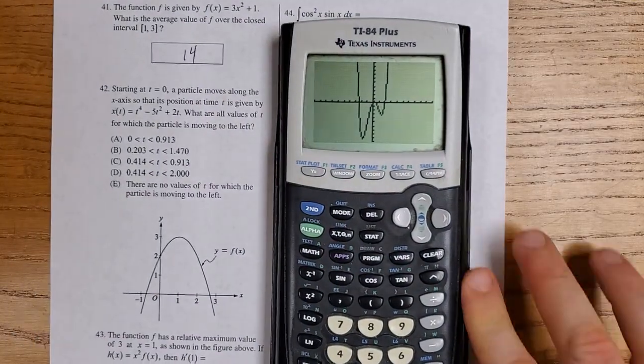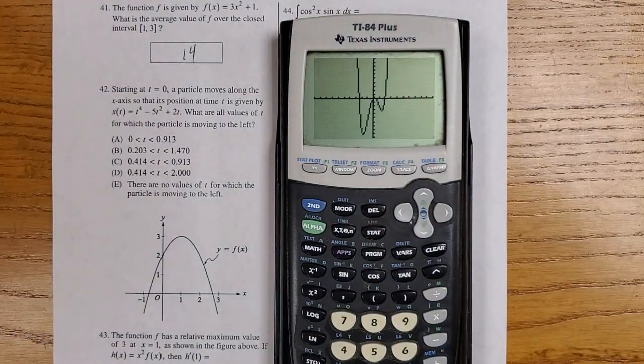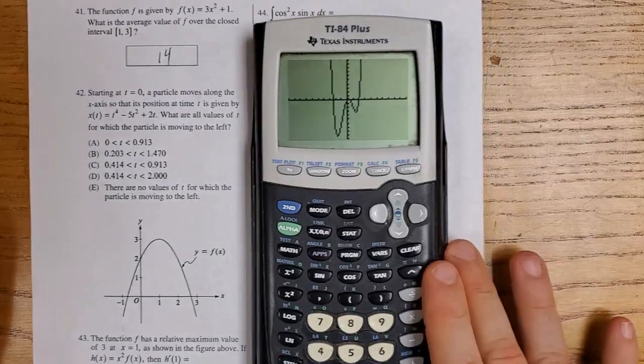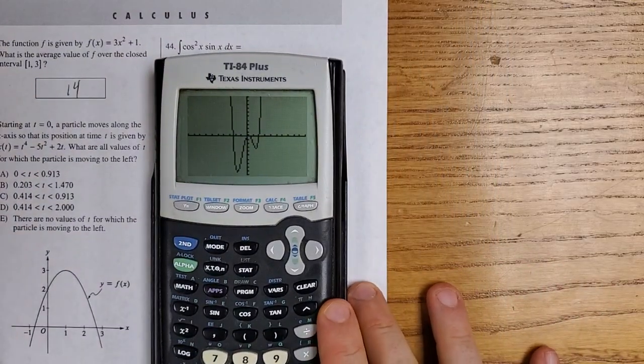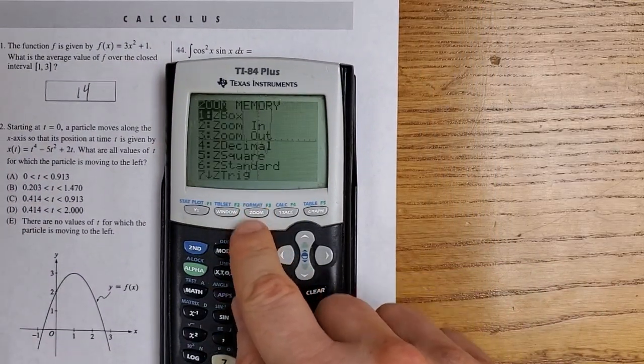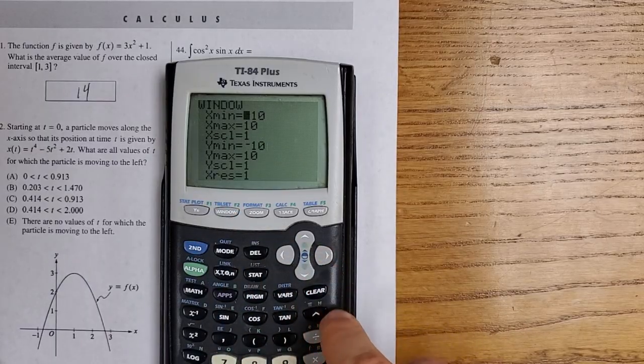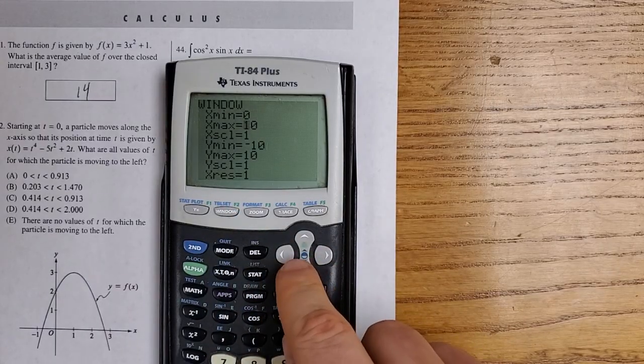And if we look at the options, well, is that really what it's doing? Let's see. Let's make sure. Let's make that 0.